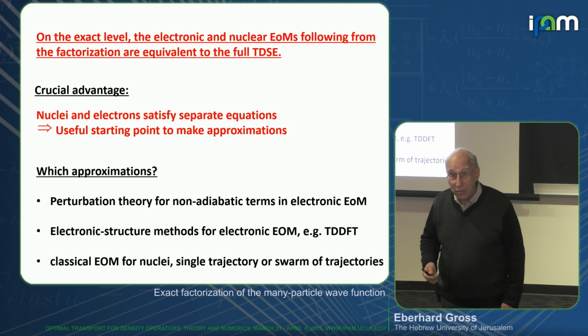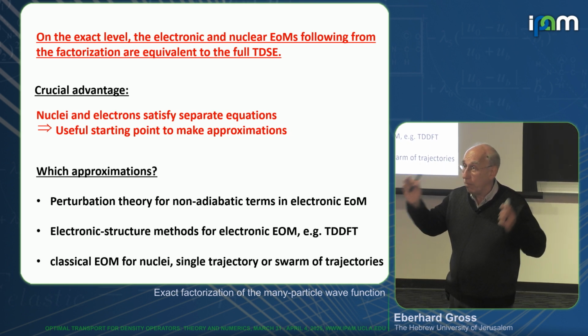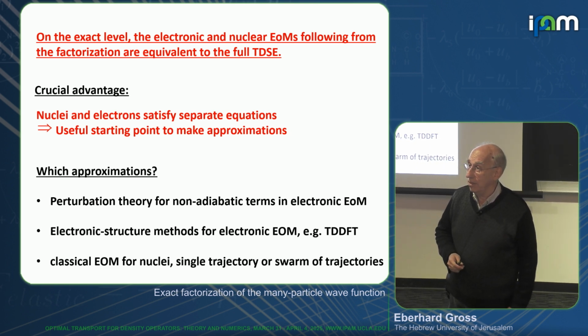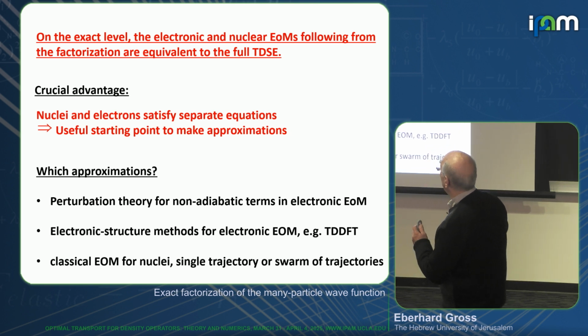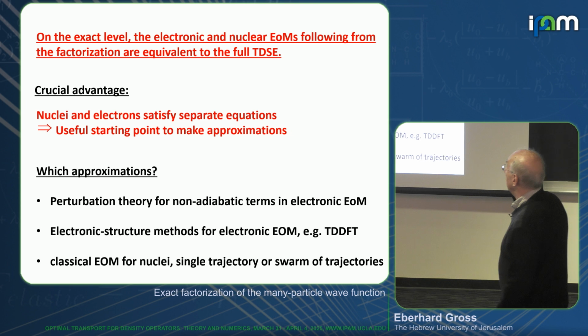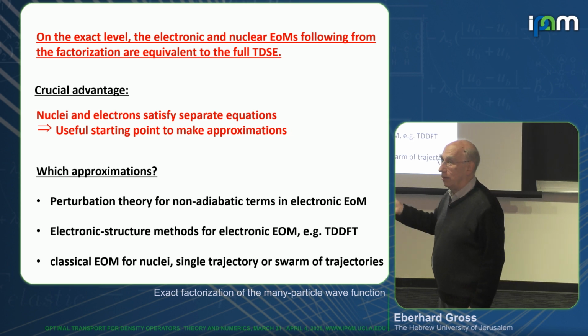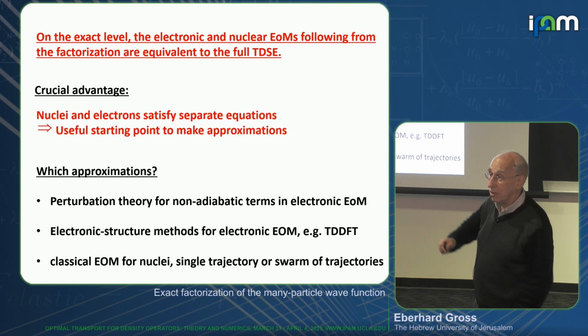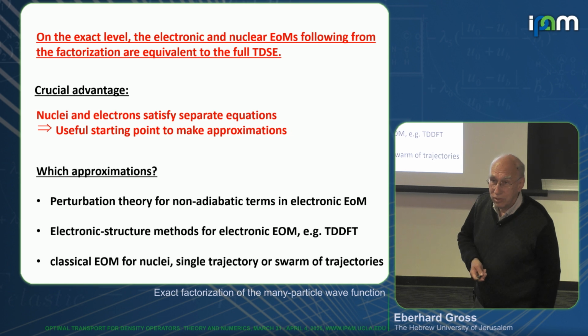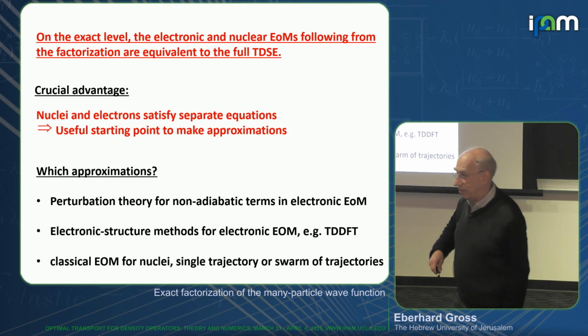So the idea is not to really propagate the exact equations instead of the full Schrödinger equation. But it's a useful starting point to make approximations, right? Because having two separate equations, you can then invoke different approximations for the two types of particles.